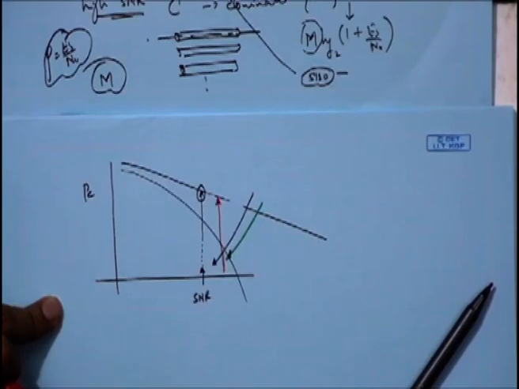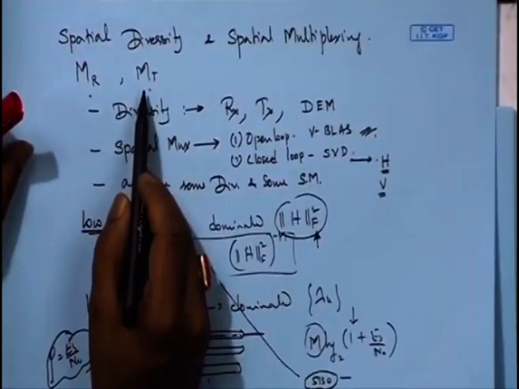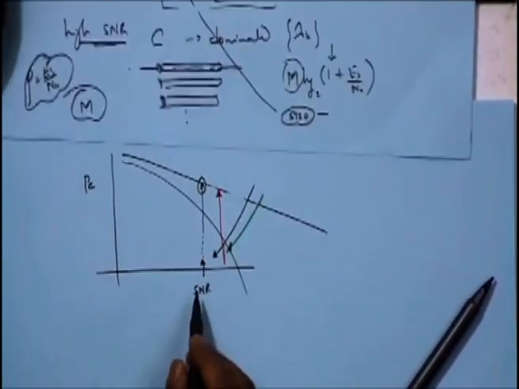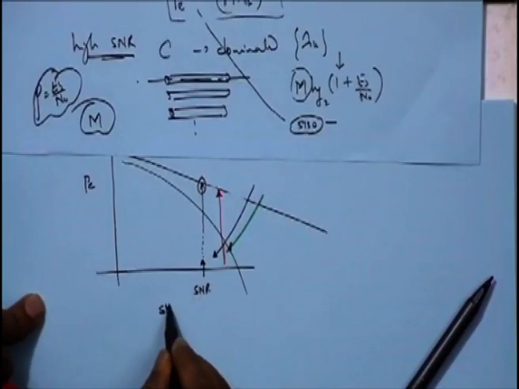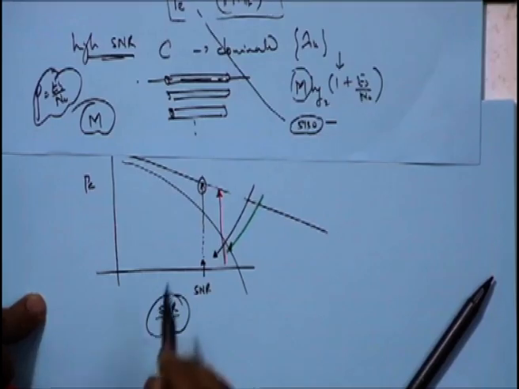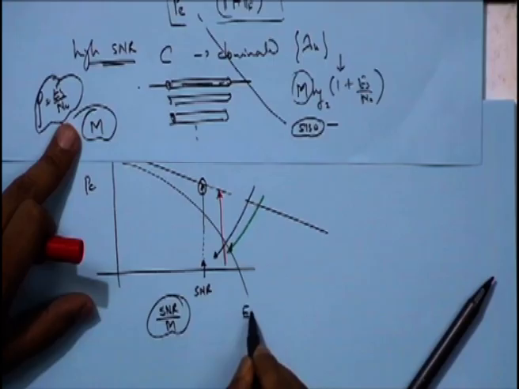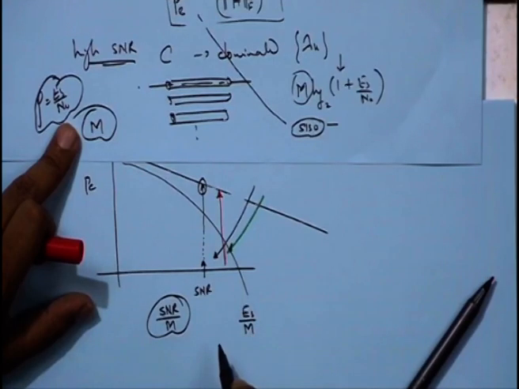So, although we have a large number of transmit and receive antennas, we may not afford SNR upon m, which is important, because when we are doing spatial multiplexing, at each of the links we are basically giving ES by m amount of power.